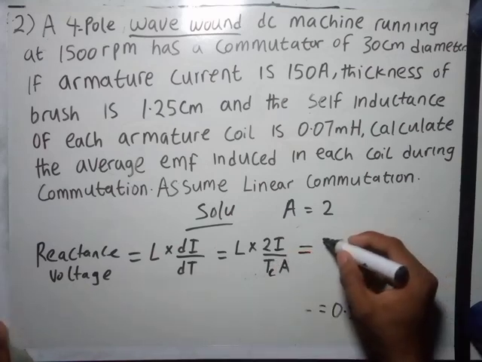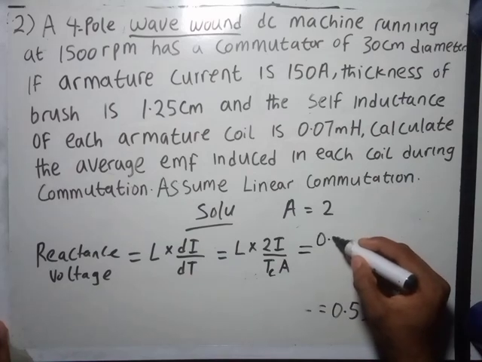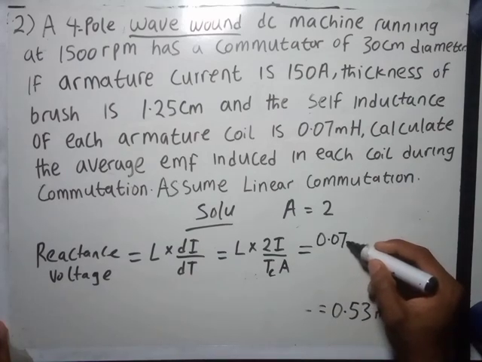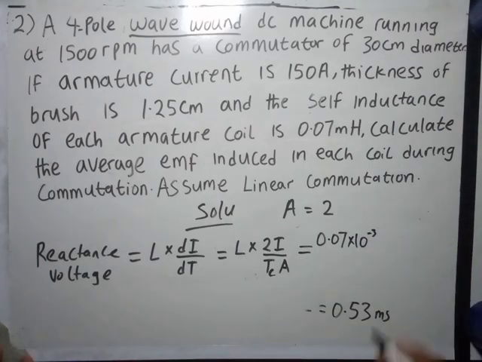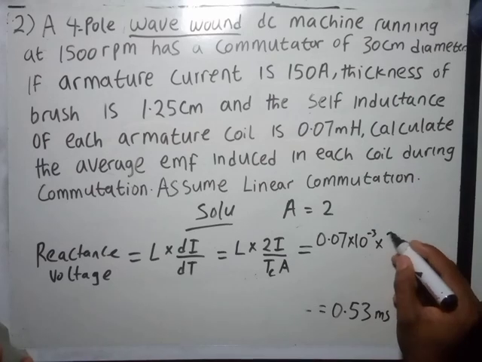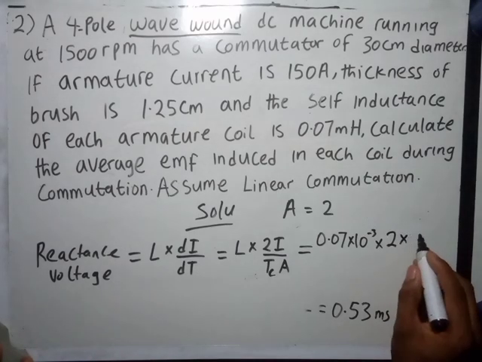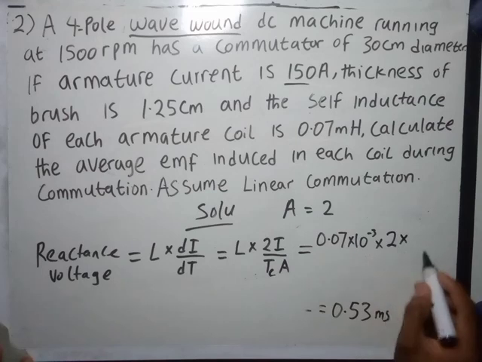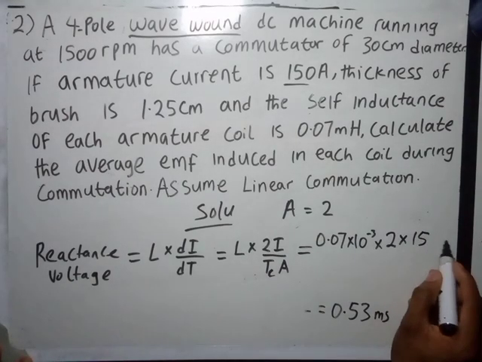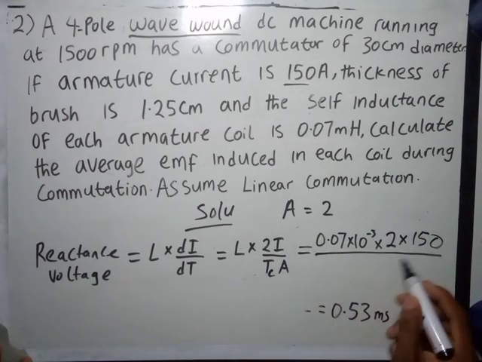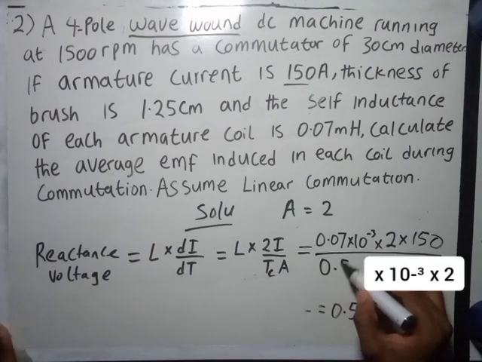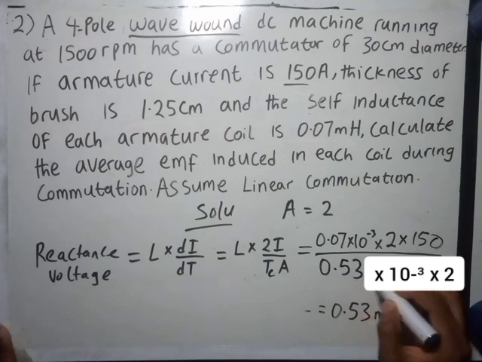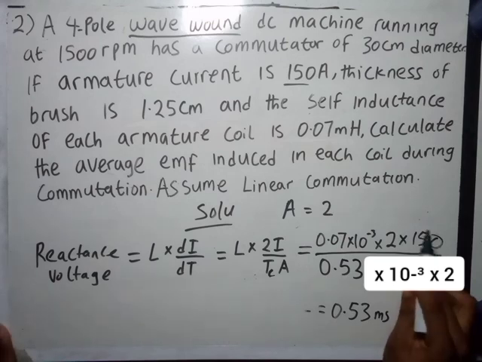So we will come over here and input our values to get our reactance voltage. We have our L to be 0.07 milli, times 10 raised to power minus 3. We'll multiply it by 2 times your current, which is 150, over your Tc, which is 0.53 times 10 raised to power minus 3, and we multiply it by your A, which is 2.